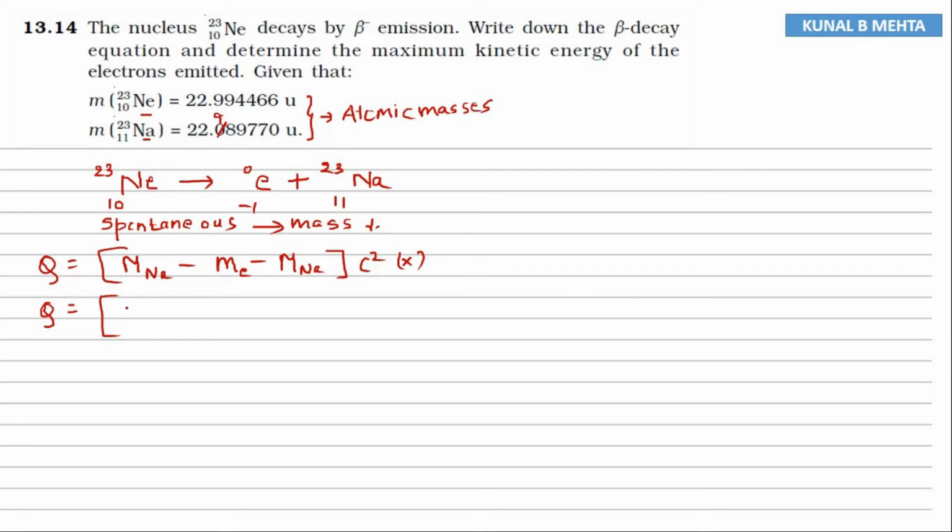Since this is an atomic mass, the mass of neon atom, and in the neon atom there are 10 electrons, so 10 times the mass of electron. If I remove that, I get the mass of the nucleus, because in the Q value we only consider the masses of nuclei, minus the mass of electron.